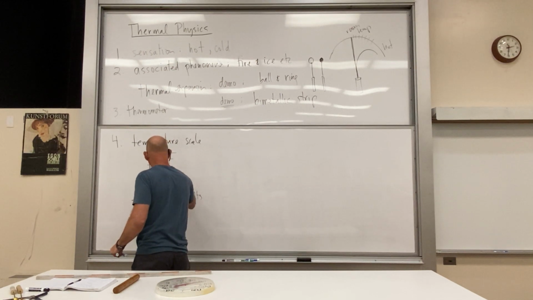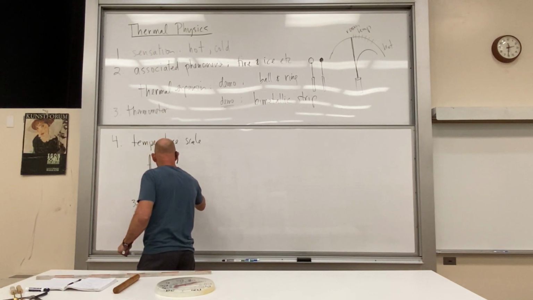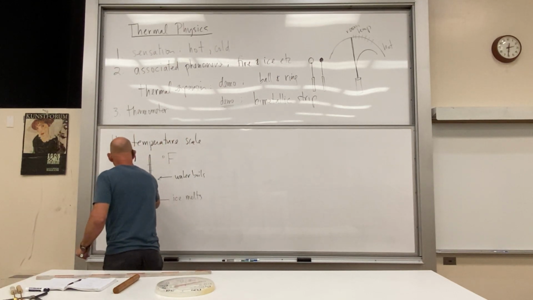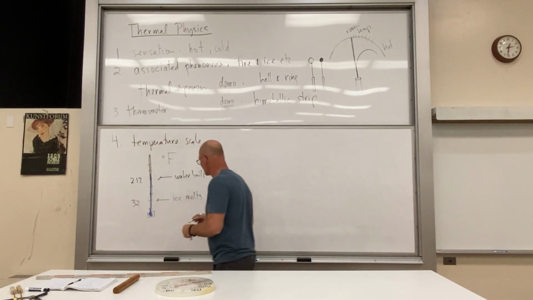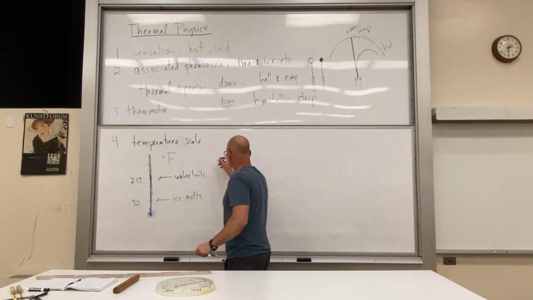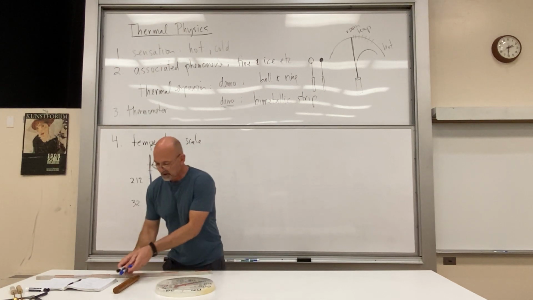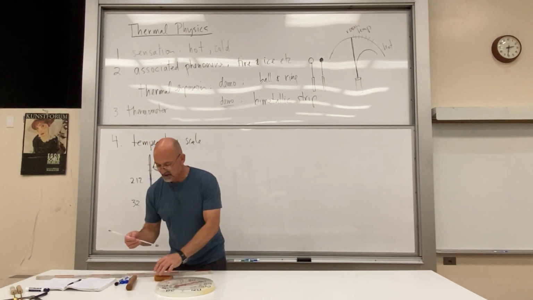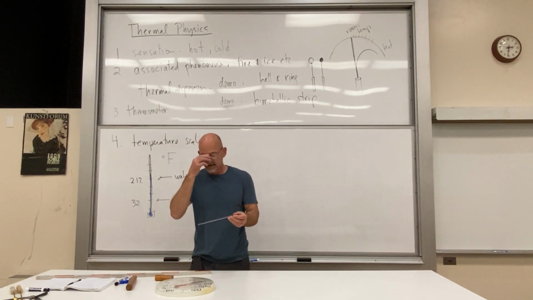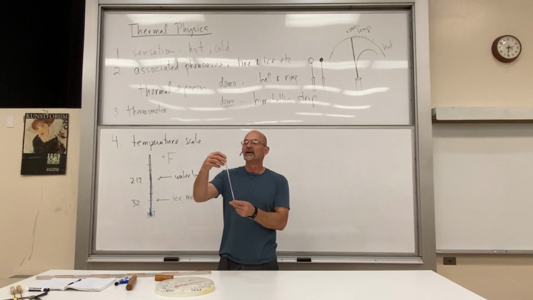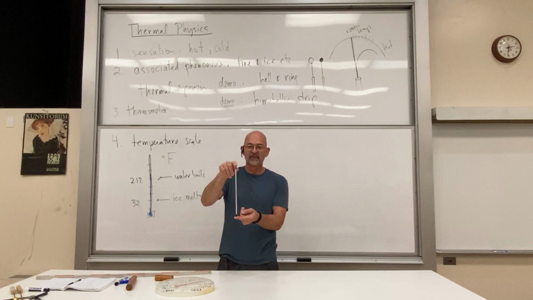And up here somewhere, we'd say water boils, and then we would have 212 degrees Fahrenheit. But we could take an identical thermometer. Hey, didn't I bring one to show you guys? Yes, these may not be as in style as formerly, but there is a thermometer, okay, and it goes up to 100 degrees Celsius. So I'm going to introduce the Celsius scale next.